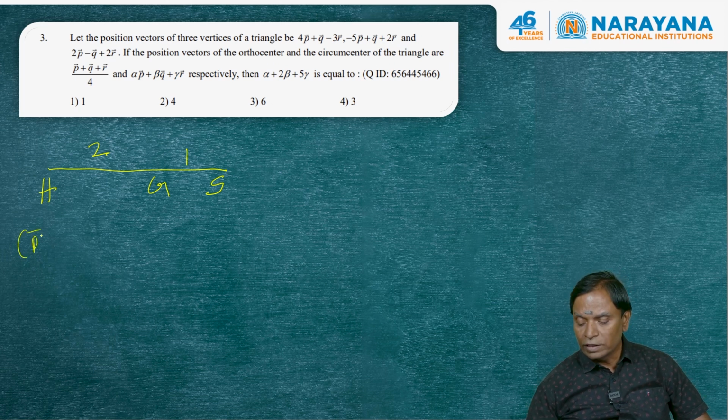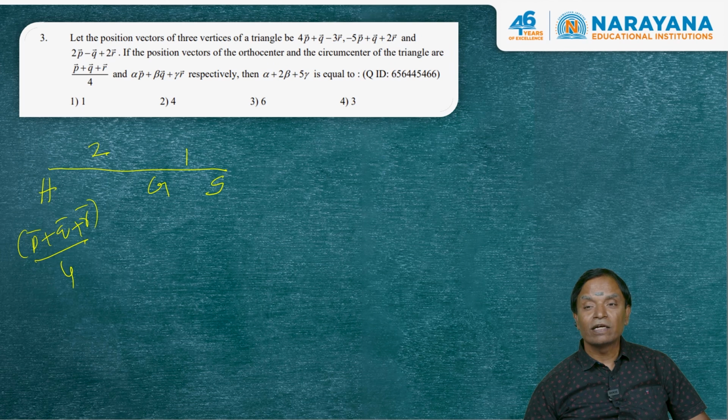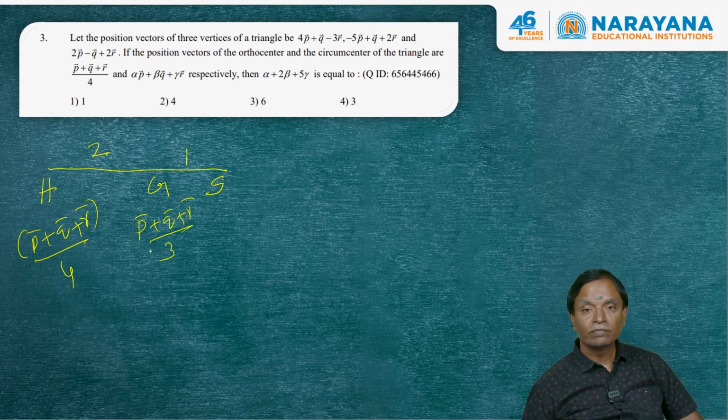You are given H as (P bar plus Q bar plus R bar) by 4. You can observe the centroid of the triangle, you can calculate it directly. The centroid of the triangle is (P bar plus Q bar plus R bar) by 3. Now use the ratio 2:1.